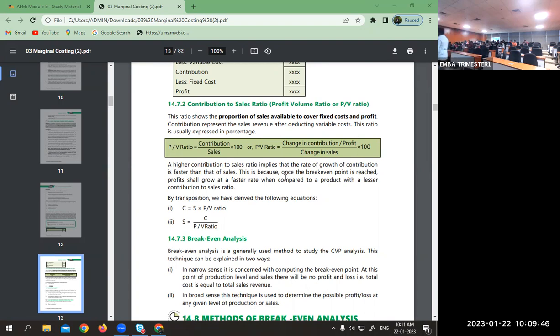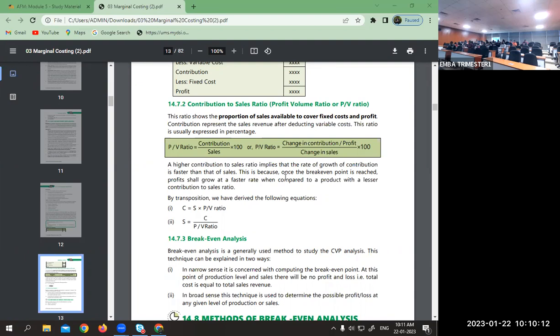If we know the contribution of 2 periods, suppose last year contribution is 1 lakh, current year contribution is 2 lakh, then you can apply the second equation. If I have only 1 point in time, some amount of contribution and sales, then you can apply the first one.